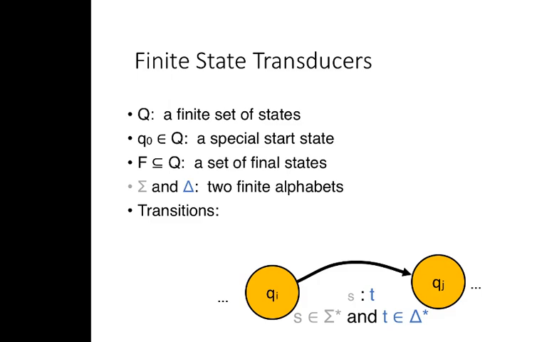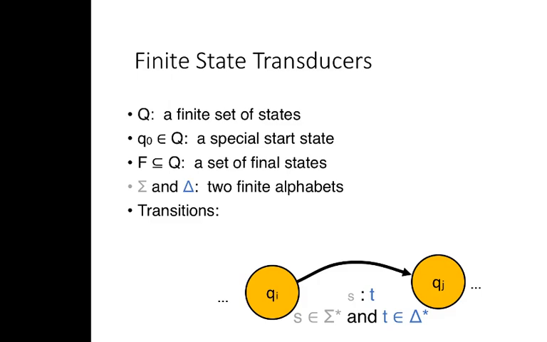So finite state transducers are a lot like finite state automata, in that you have a finite set of states, a special start state, Q sub 0, a set of final states in F, and then instead of having one alphabet, you have two alphabets, sigma and delta. And instead of having one symbol on your transitions, you have two symbols.